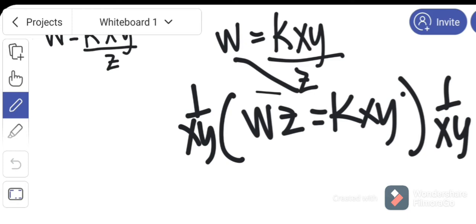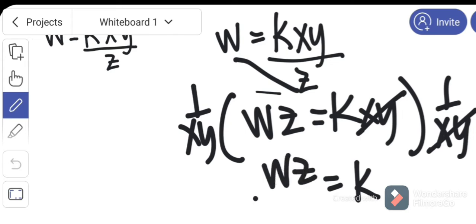Then, this will be cancelled because xy over xy is equal to 1. And what we have left on the right side is k times the 1. So, that would be k. And on the left side of the equation, we have 1 over xy times wz, which is wz over xy.